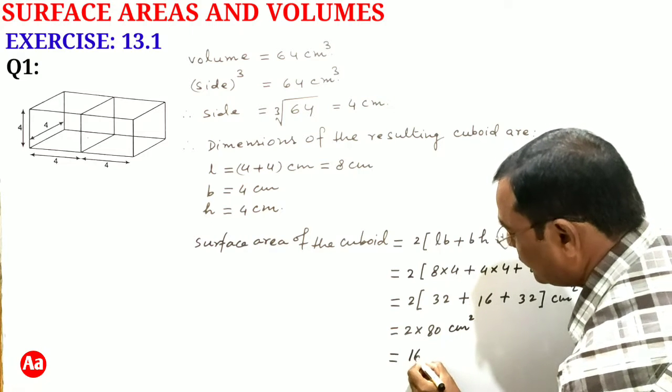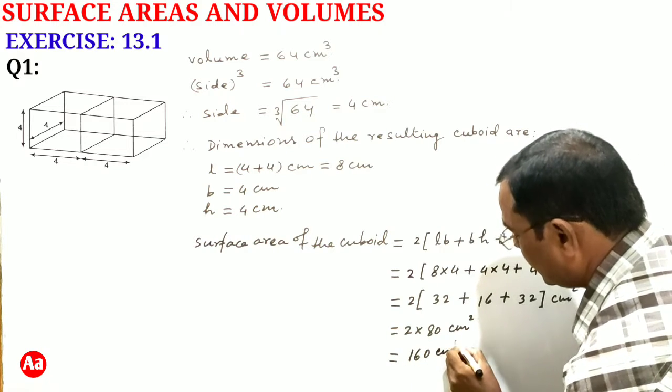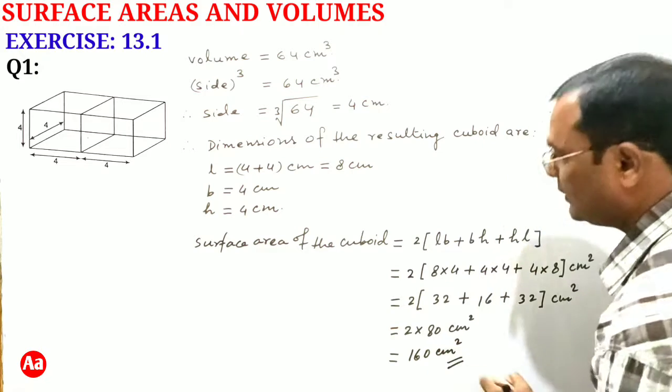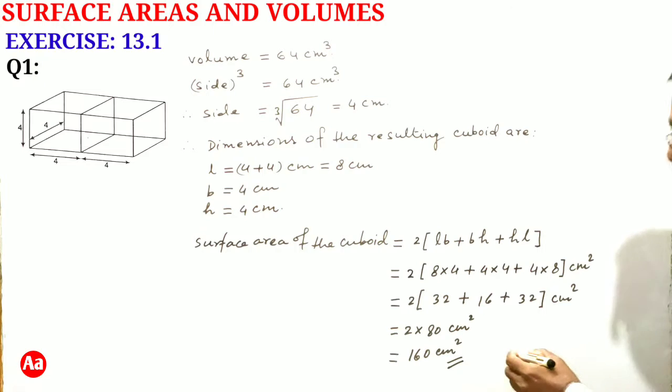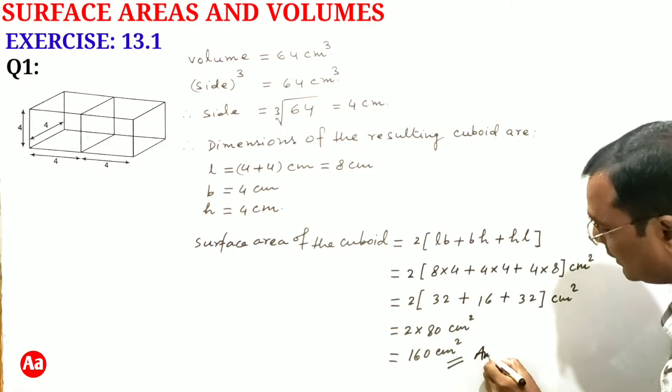So it is 160 centimeter square, and this is the surface area of the resulting cuboid. So this is the answer.